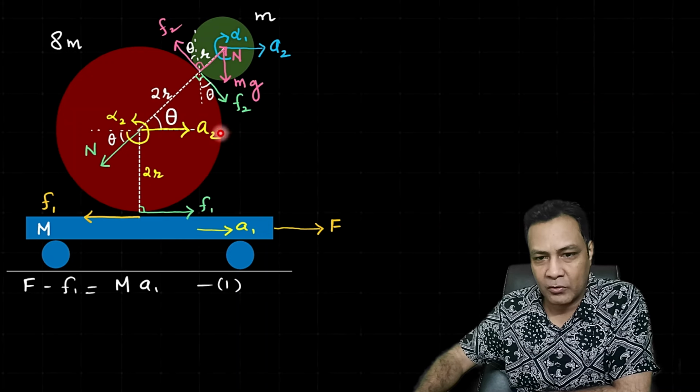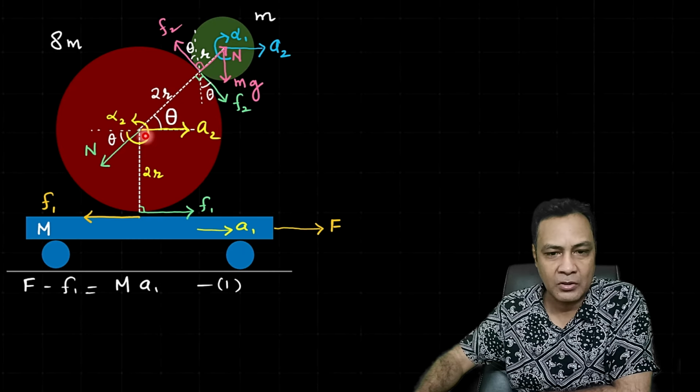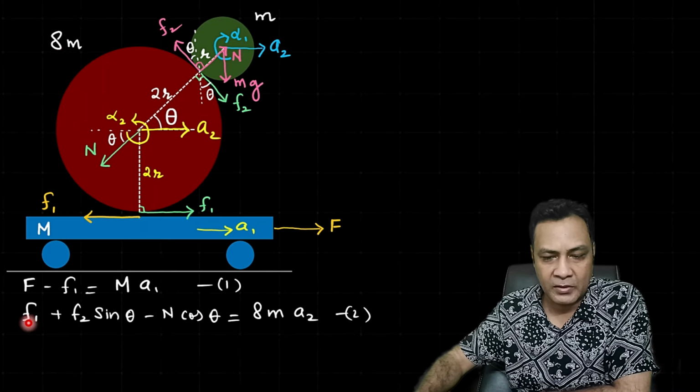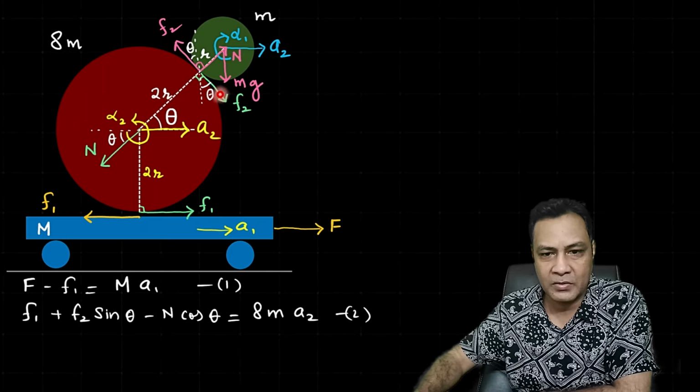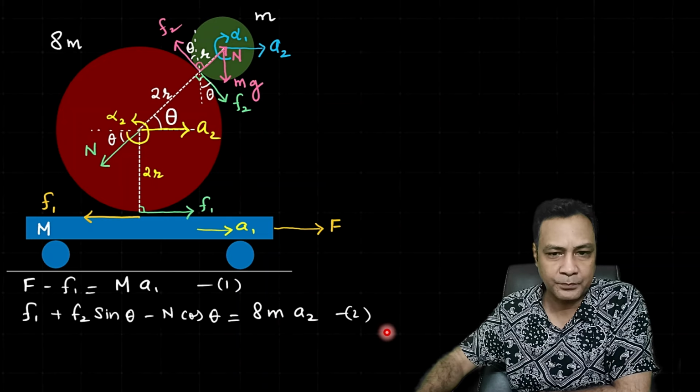So net force along the forward direction on this is F1 plus F2 sine theta minus N cos theta, and that should be equal to capital M into A2. So that is my second equation: F1 plus F2 sine theta minus N cos theta is equal to capital M A2.